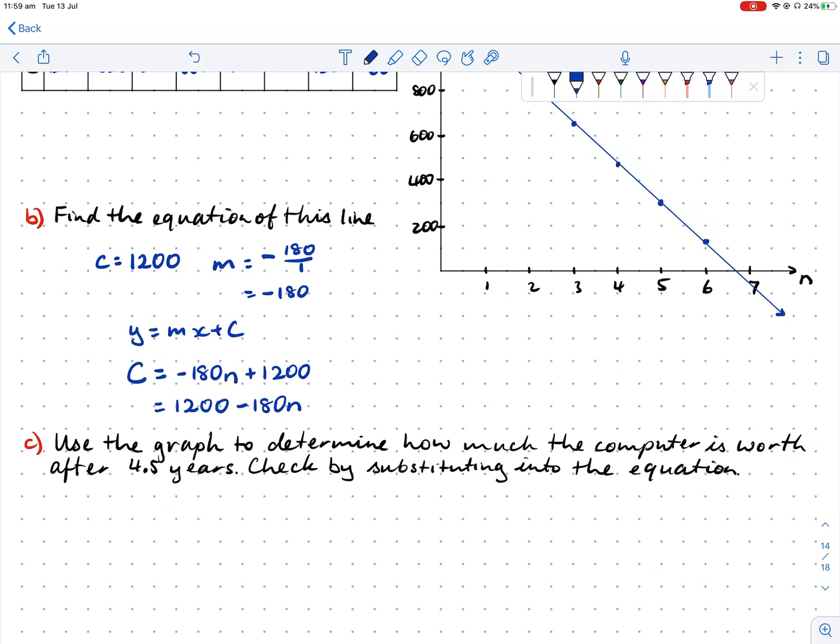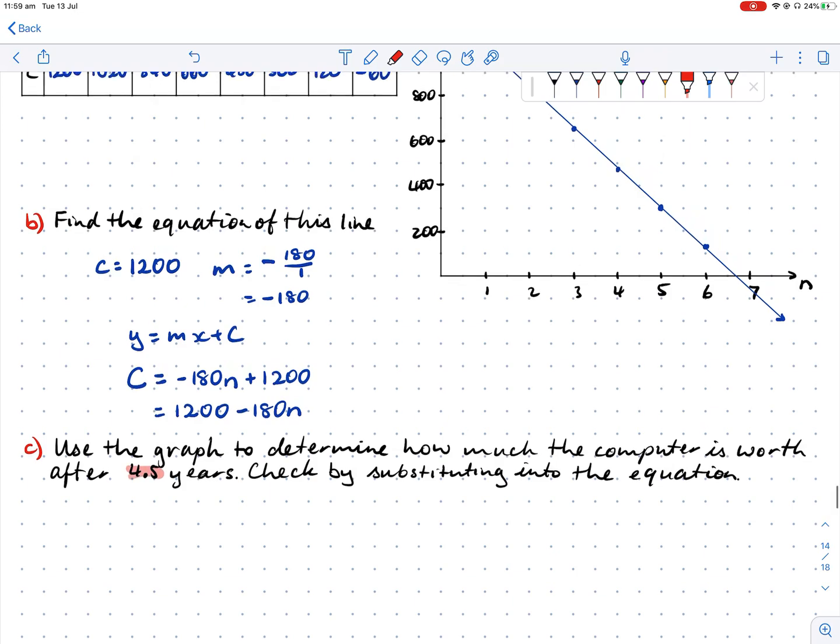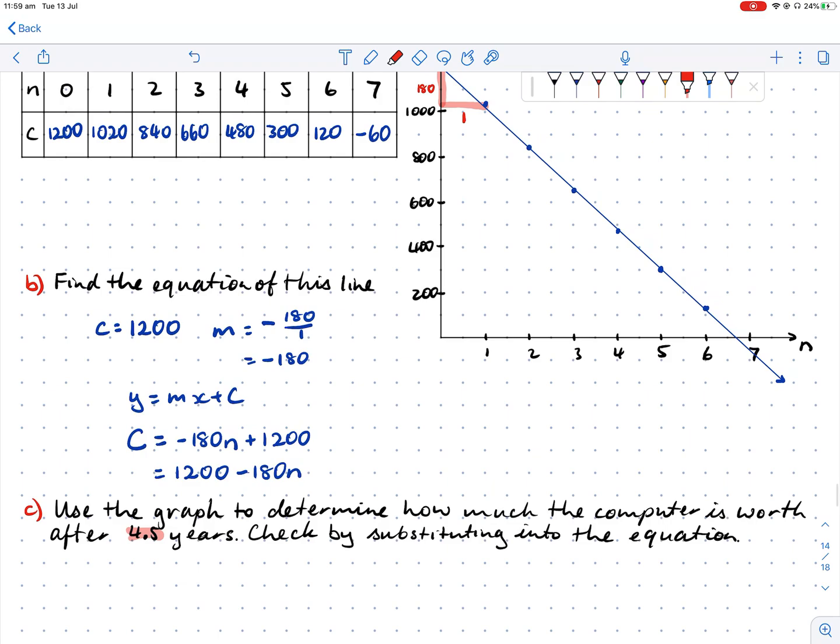Question C, use the graph to determine how much the computer is worth after 4.5 years and then check your answer by substituting into the equation. If we want 4.5 years, we're going to go to 4.5 right here. We're going to draw a line up to the blue line, bring that number across, and find how much that is.